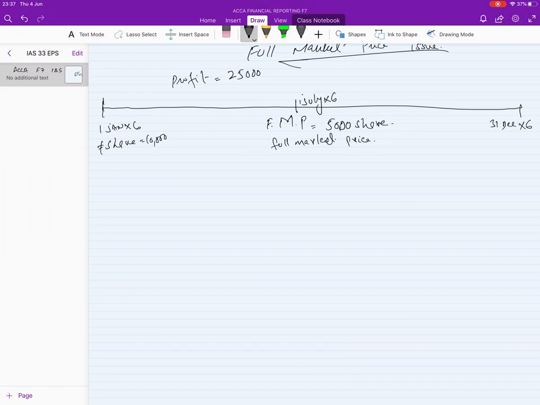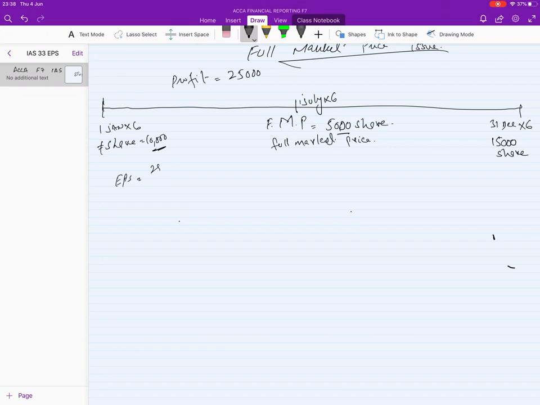It means the company had 10,000 shares in the beginning and they are issuing 5,000 more. So 10 plus 5, they will have 15,000 shares by 31st December.